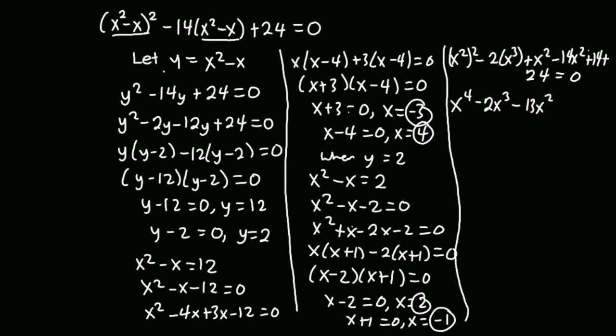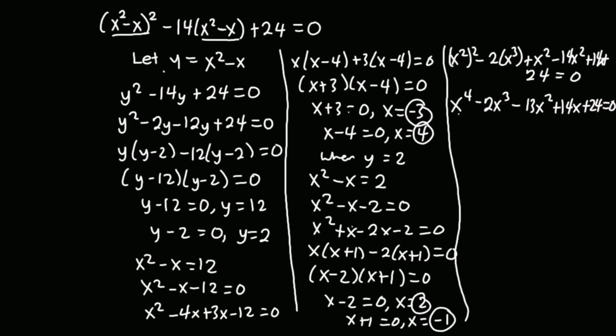Then we have plus 14x. Then finally we have the 24 is equal to 0.